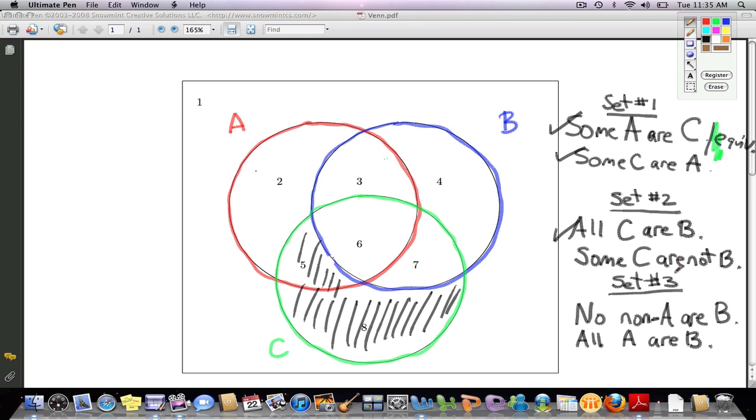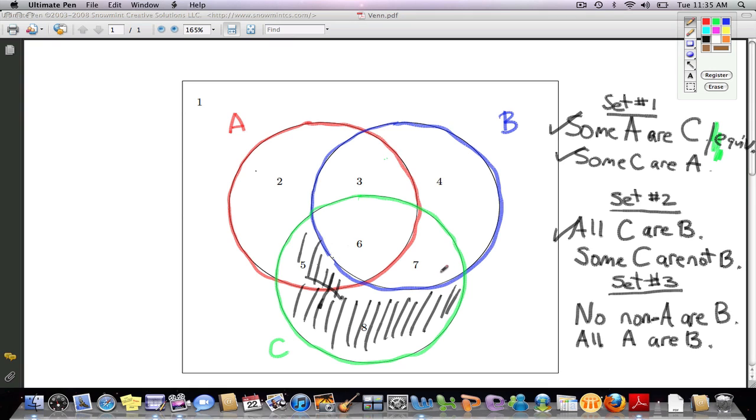Now, some C are not B. And in the book I do these on two separate diagrams. You could put them on the same diagram or on two separate diagrams. It's a little easier to see on separate diagrams, but I'm doing them here together on the same one. We're trying to diagram the second claim, some C are not B. Diagramming some C are not B makes a mark between 5 and 8. So you can see how I'm fighting myself here. I've said two opposite things.